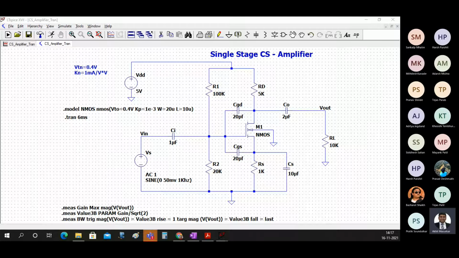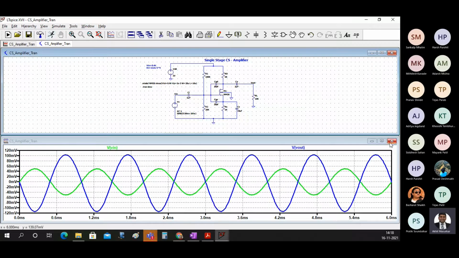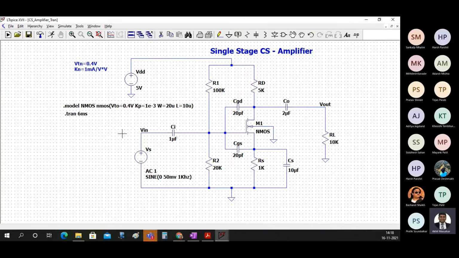So I think most of you are now comfortable with the dot tran analysis. Okay. Now I'll remove the dot measure command from this. Anyways, it's useless in this. Now what I'll do is, everybody should do like this.